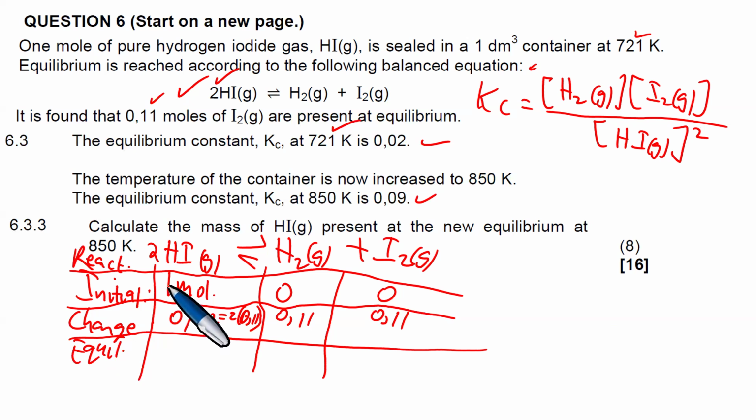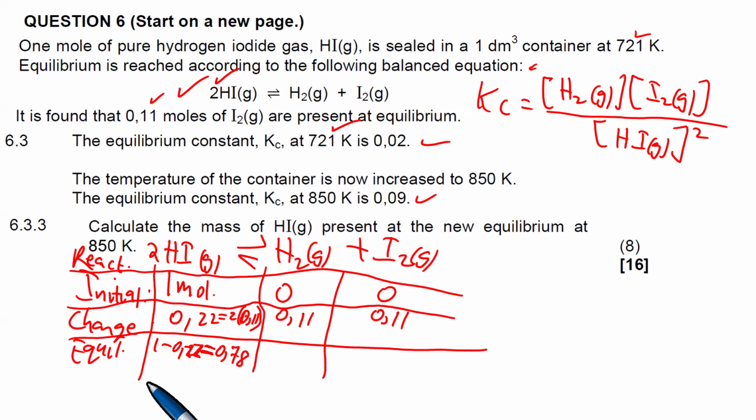So at equilibrium, you had 1 minus 0.22, which became 0.78. Okay, let's continue.